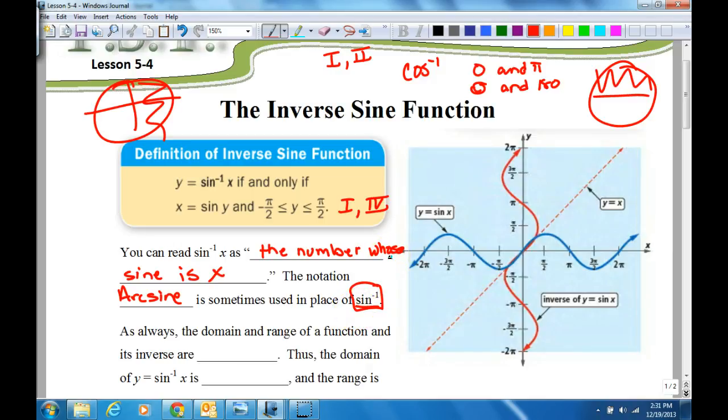Now, just like cosine, when you're looking at the domain and range of the function and its inverse, they're switched.